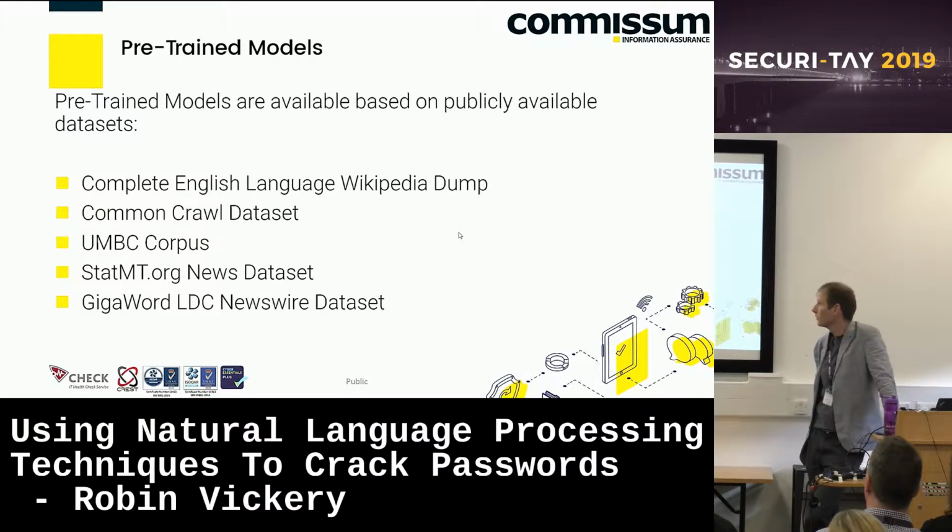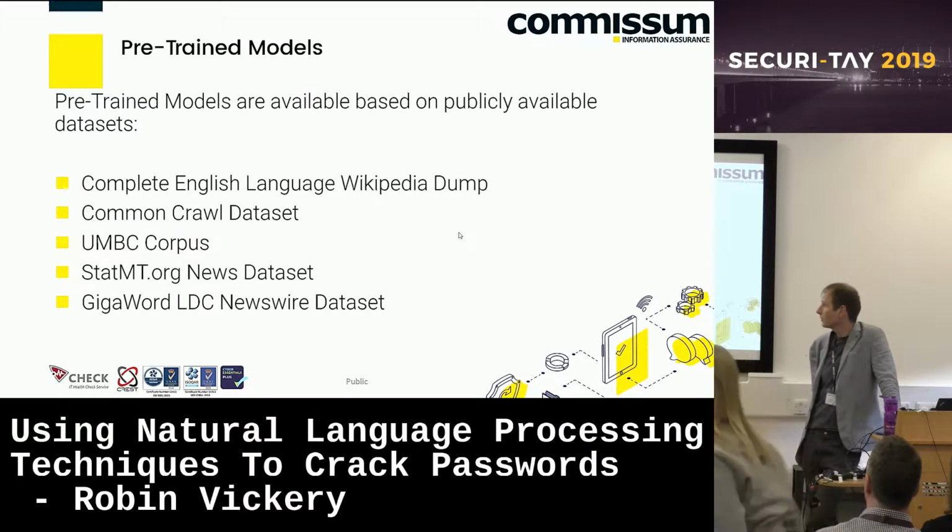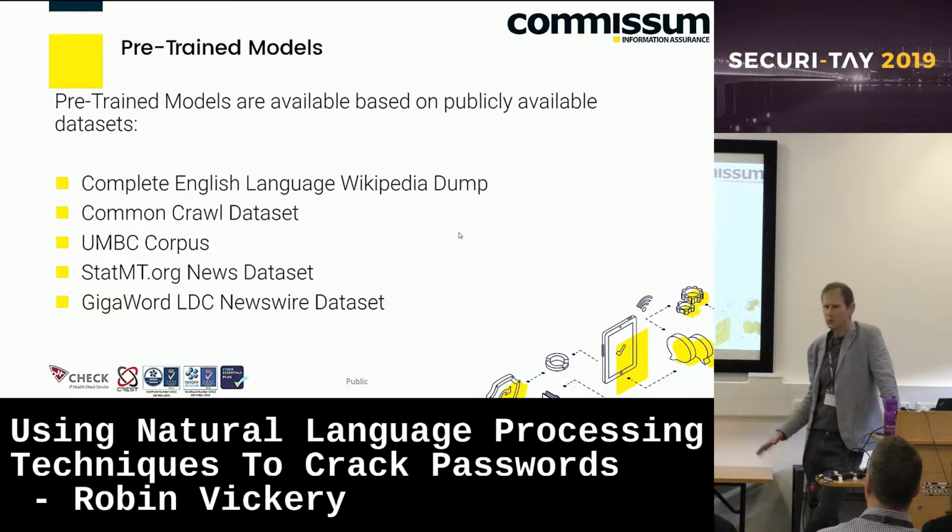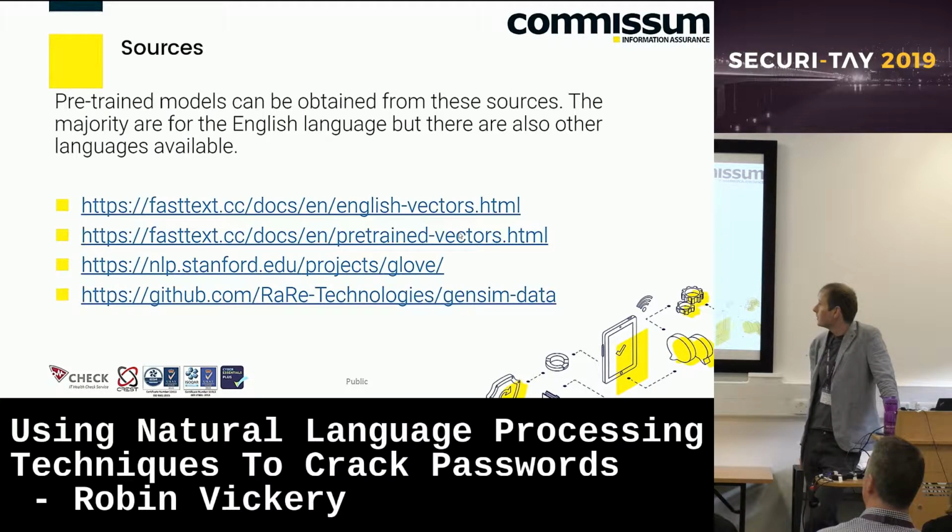The big one normally is the Wikipedia dump. We find most of the pre-trained models use that in some form or other. And there's the Newswire. There are a couple which use Newswire data as well. And this is where you can get those pre-trained corpuses, also pre-trained models.